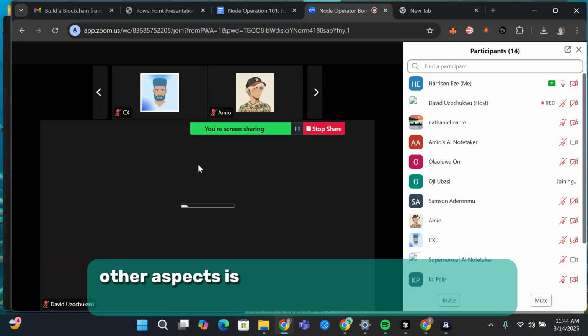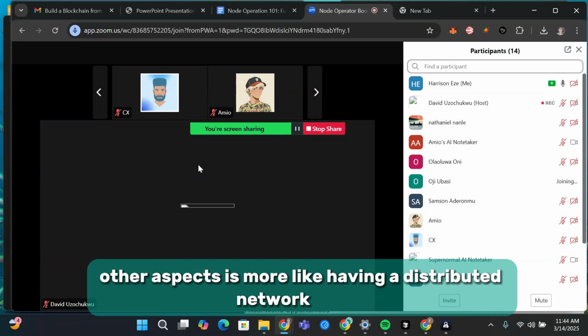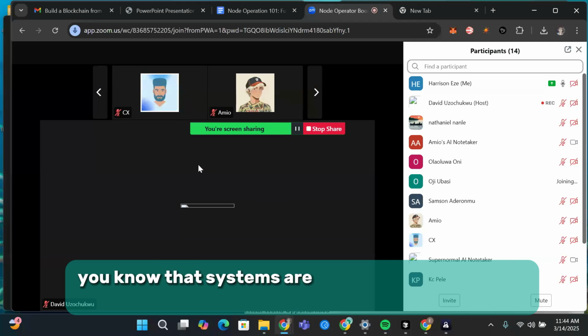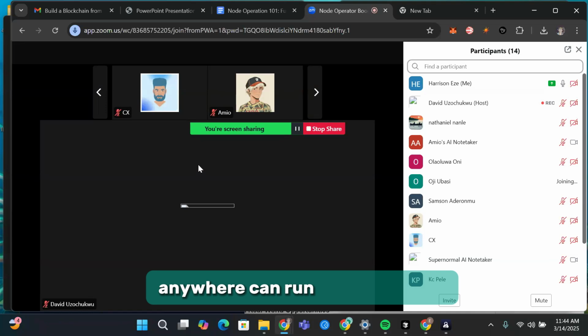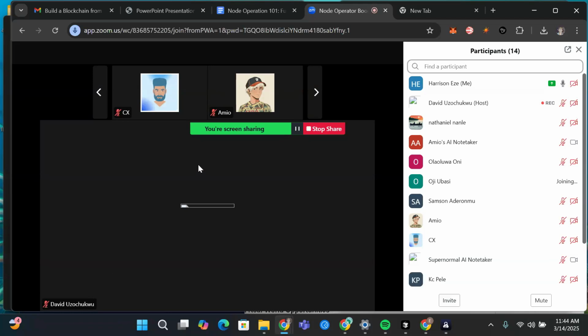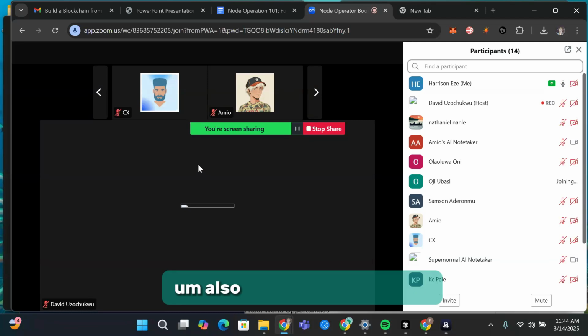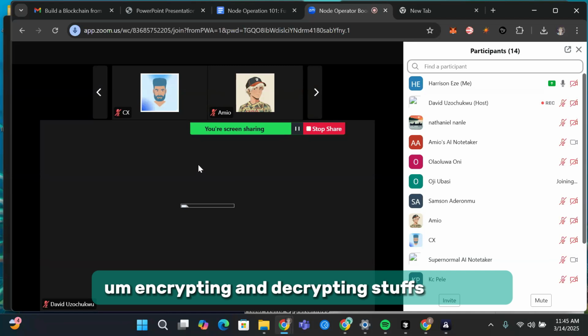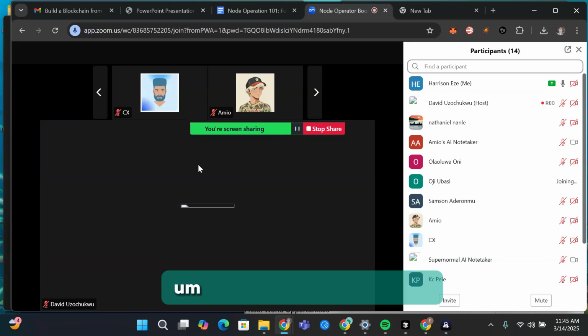Another aspect is having a distributed network, where systems are distributed everywhere, and anyone anywhere can run those systems and participate in the network. This is another solution that Web 3 presents. There are quite a lot of them, also around cryptography, encrypting and decrypting, and smart contracts.